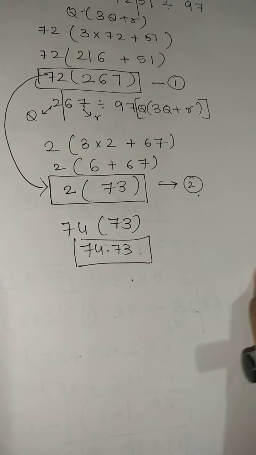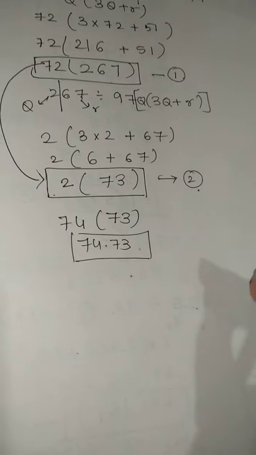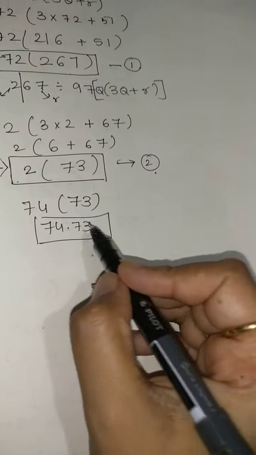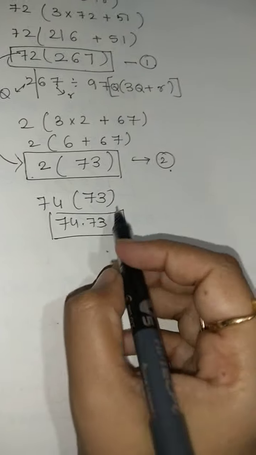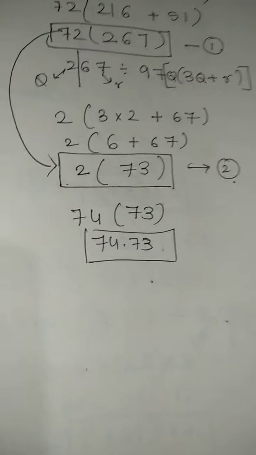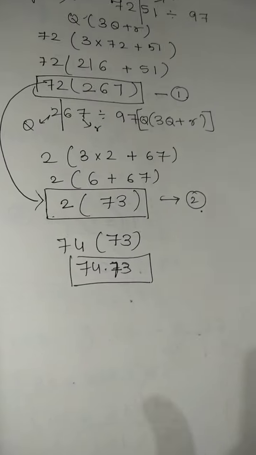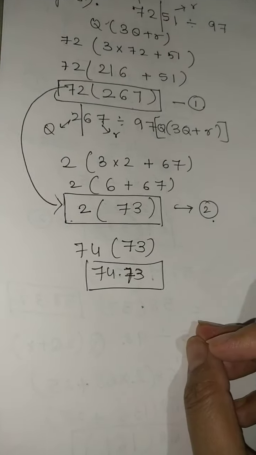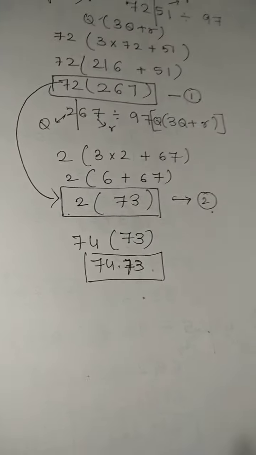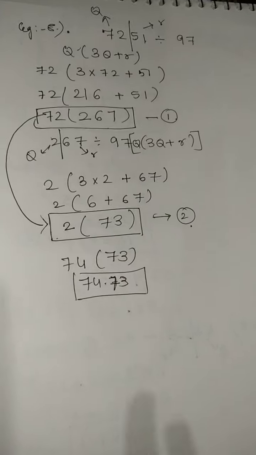Because of that bigger number, if the digit is above 5 or 6, your decimal point gets changed. So sometimes the digits after the point will be changed, but there won't be a greater difference. This is understood. If you do it by this method, and there is some decimal point difference, nobody is going to mark it wrong. So don't worry. So this was for a 97 example.